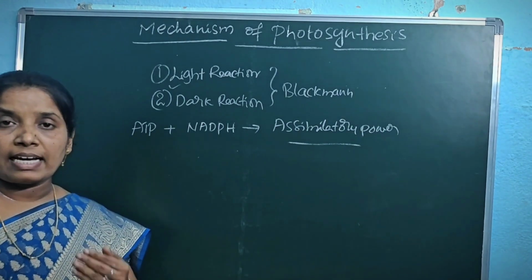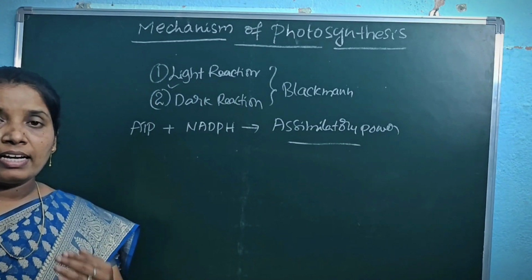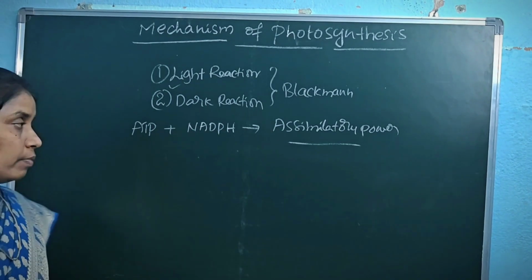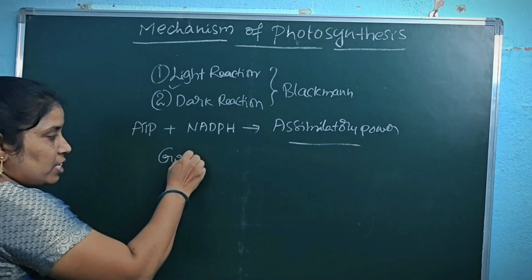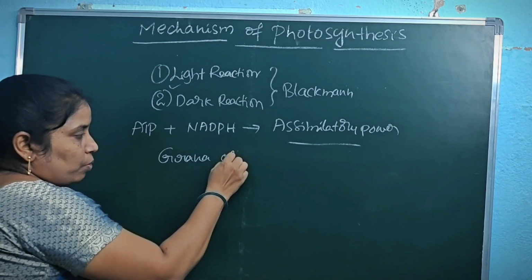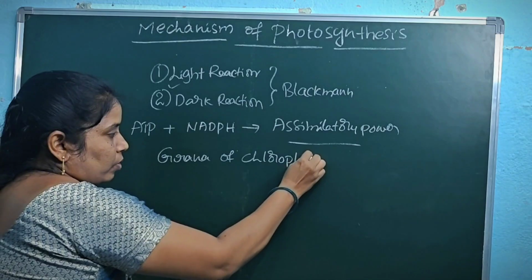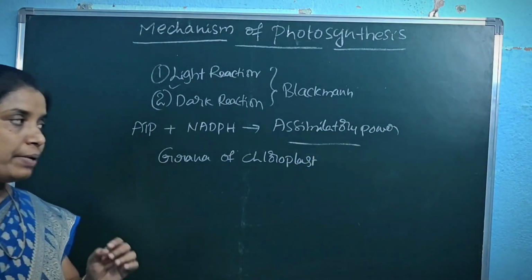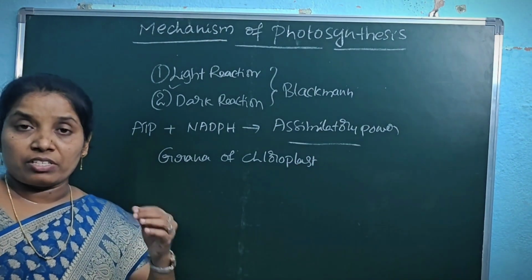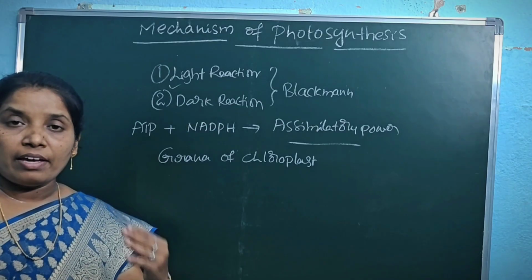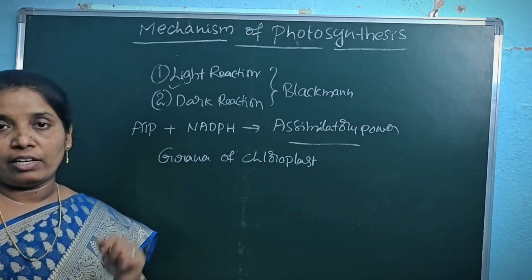The actual site of light reaction is grana of chloroplast. Why? Because the pigments responsible for the fixation of light energy are present on the membrane of thylakoid.